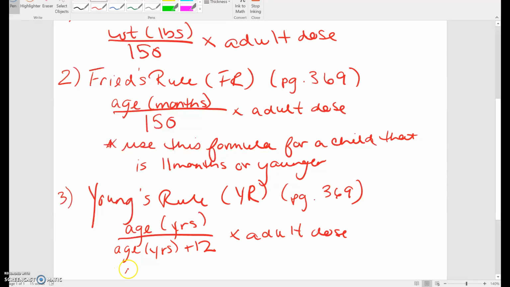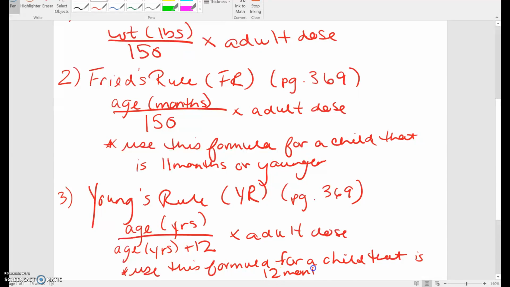Now, you're only going to use this formula for a child that is 12 months and older. All right.